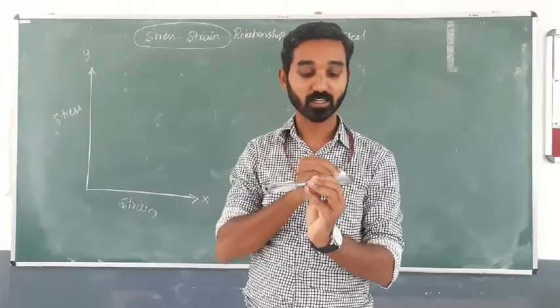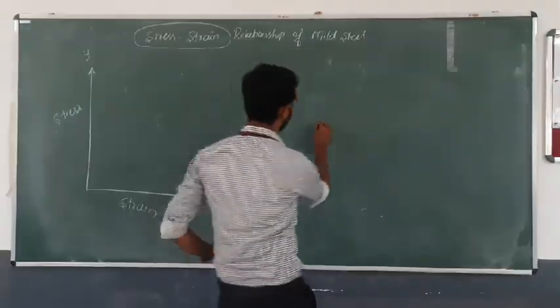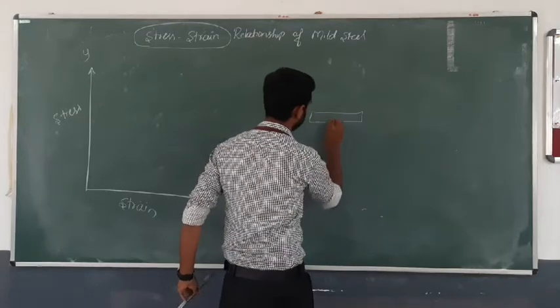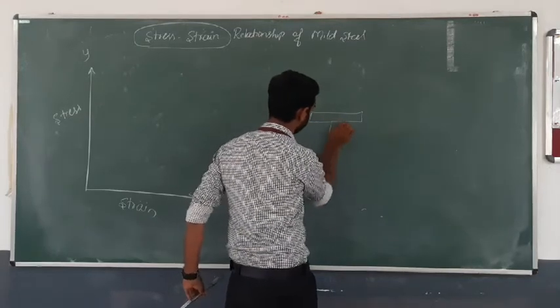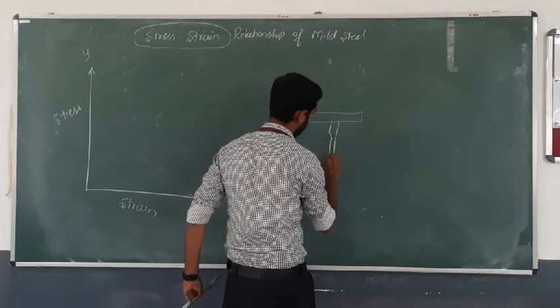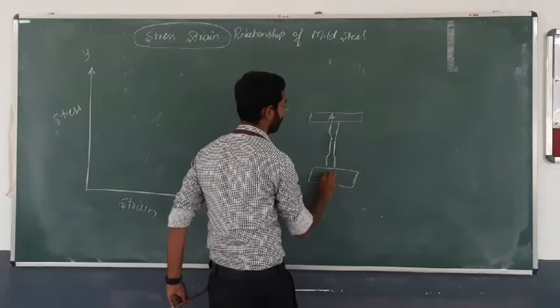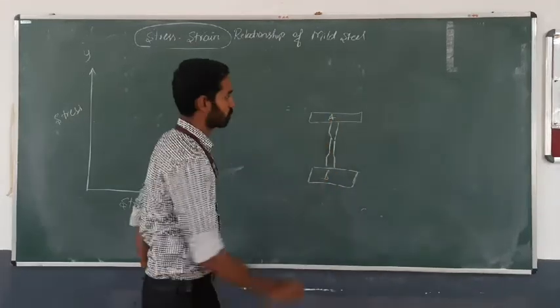We call it a knurling operation, because in the UTM there will be two jaws, an upper jaw and a lower jaw.